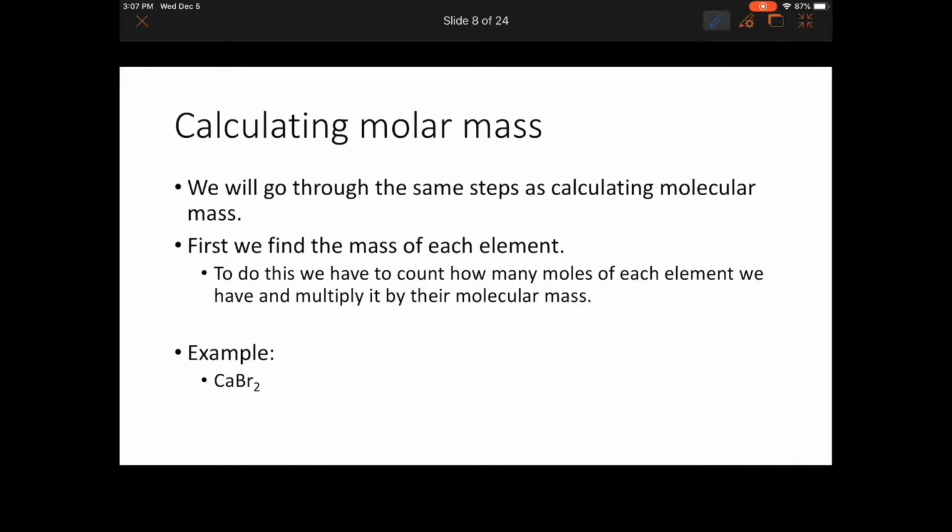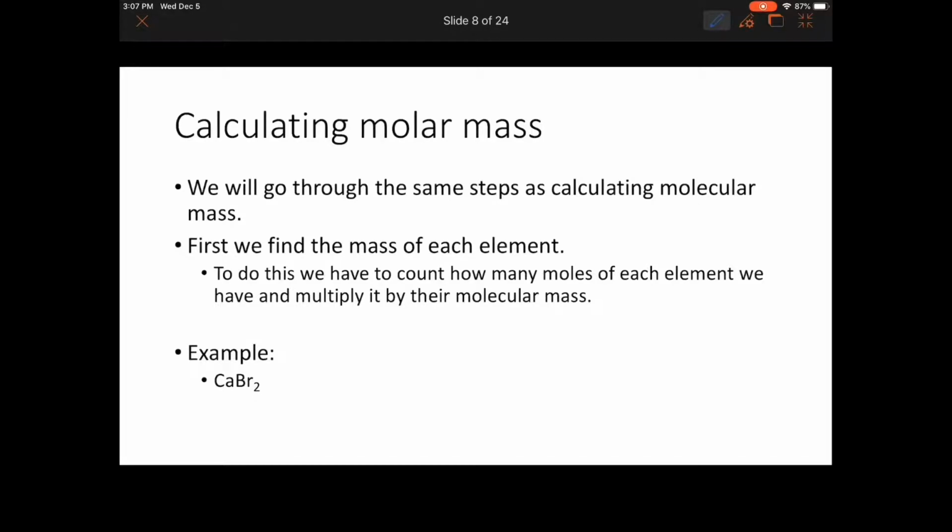So, the thing to note here is that when we're calculating molar mass, we're calculating a mass that we can physically see. We're dealing on a larger scale than we are with molecular mass, and we're dealing with multiple molecules of something instead of just one.